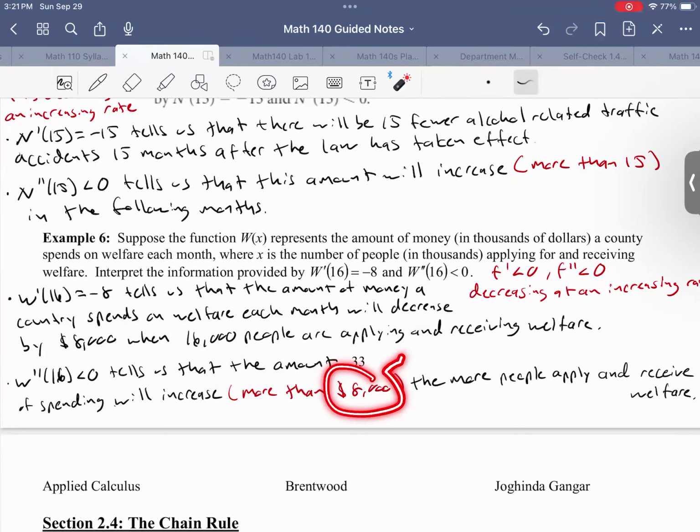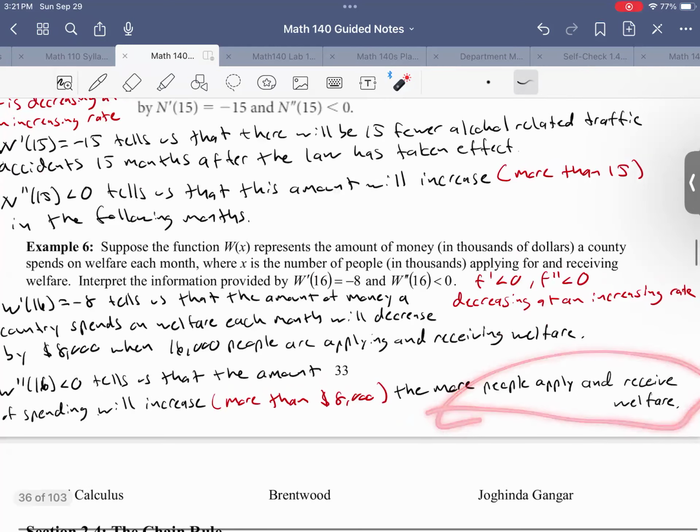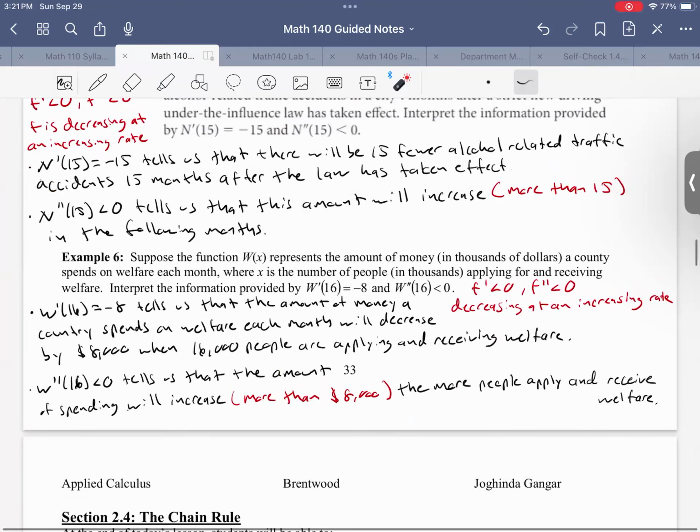They're going to be spending maybe 10,000 less, maybe 20,000 less, maybe 30,000 less. So this number is going to increase. So the decrease is increasing, right? The decrease is getting bigger the more and more people apply and receive welfare in the future. Okay, so that's how you handle these problems.